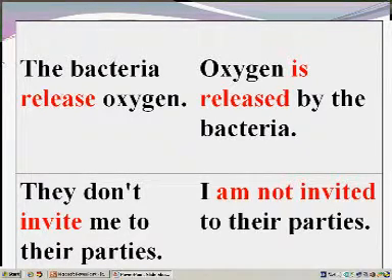Okay, here we come to another example. The bacteria release oxygen. The first thing we have to do in order to turn this sentence into the passive form, we have to decide on the subject, the verb, and the object of the sentence. The subject here is the bacteria.